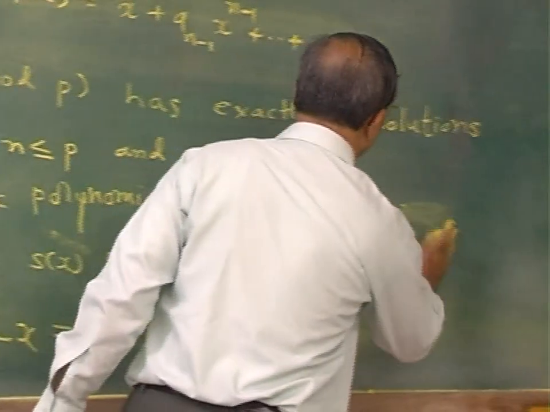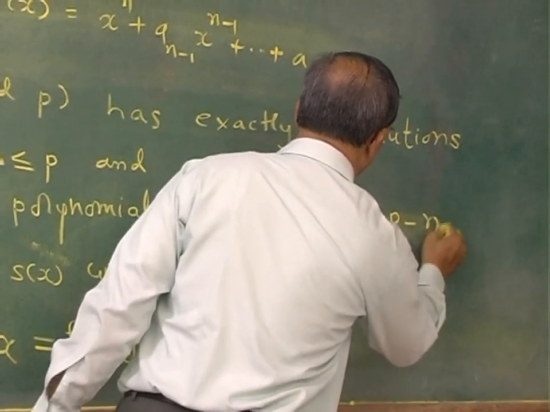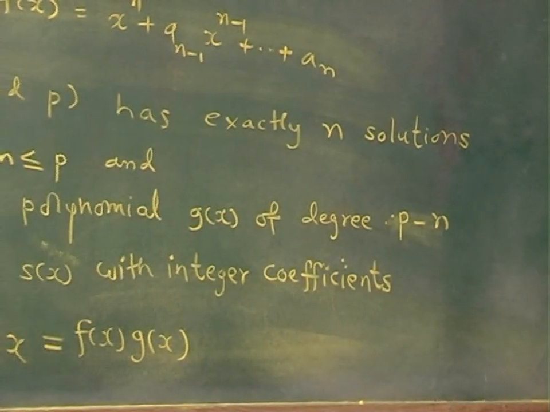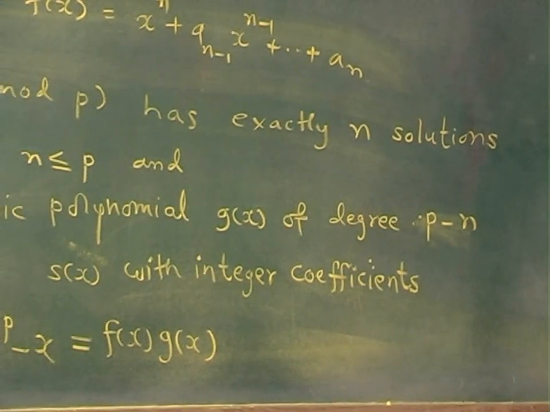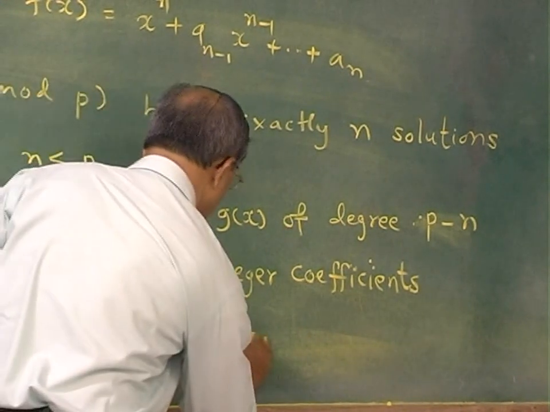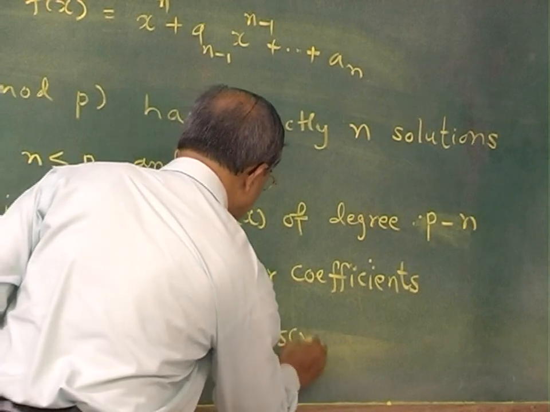Here I should say p minus n. x raised to p minus x equal to f(x) into g(x) plus p times s(x).